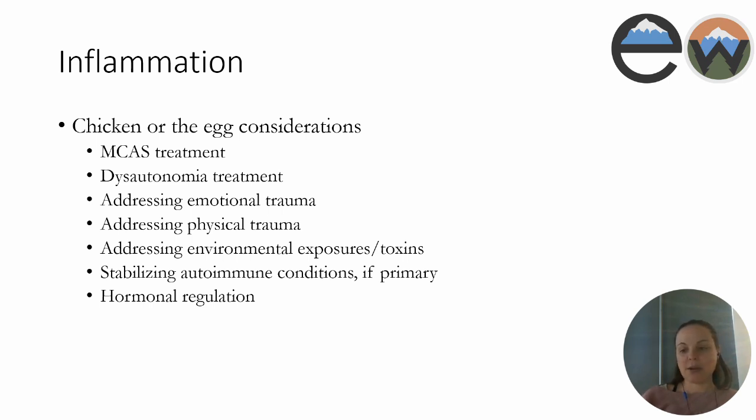This is the chicken or the egg, because you can have this neurological disruption cause hormonal dysregulation. Of course you can, because we're talking about the brainstem and autonomic regulation, and that controls all of our autonomic stuff that we shouldn't be thinking about.